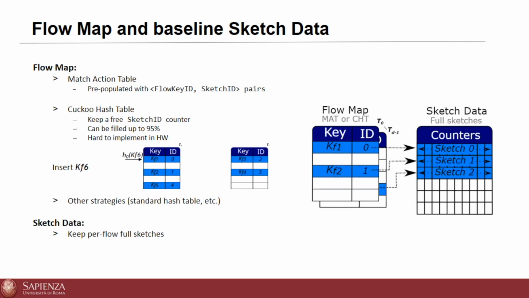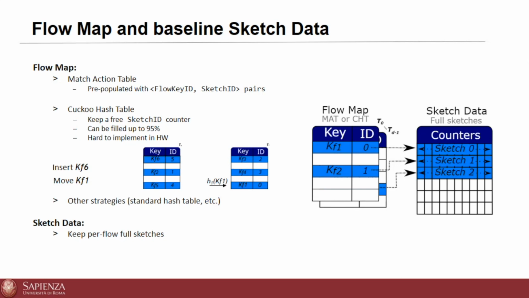As you can see from the animation, a Cuckoo hash table is actually composed of many tables where keys can be moved around, and so while being efficient, it is not so easy to implement in hardware.